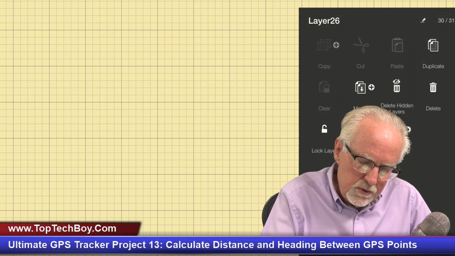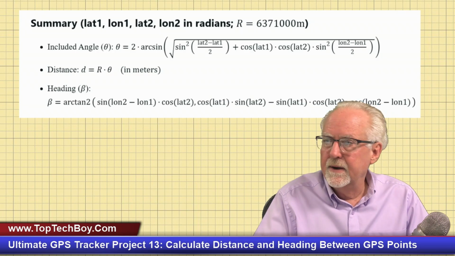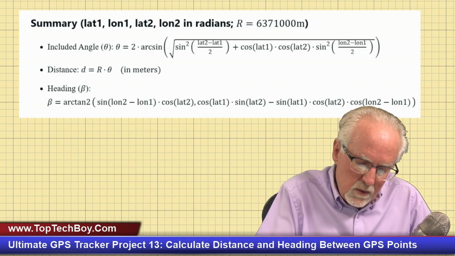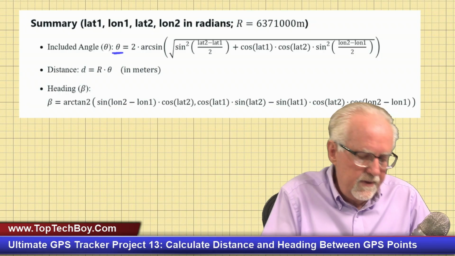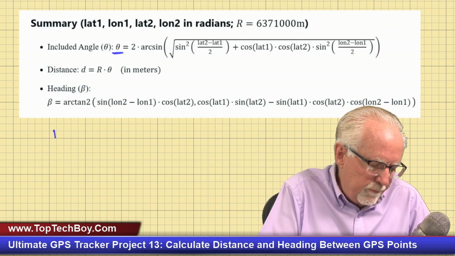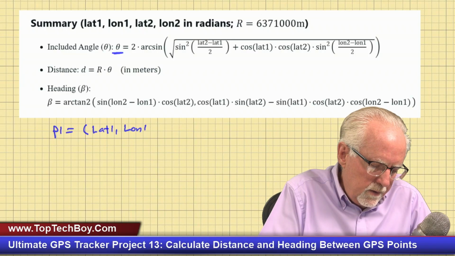So what I will do here is I will come over here. Okay, there it is. Now, what is it that we want? We want the included angle. And what do we have? We have point 1, and point 1 is lat 1, lon 1, right? Just a good old GPS point.